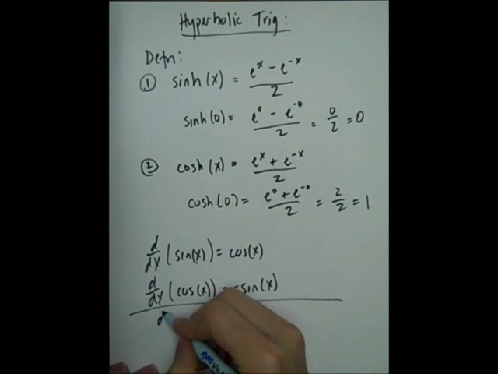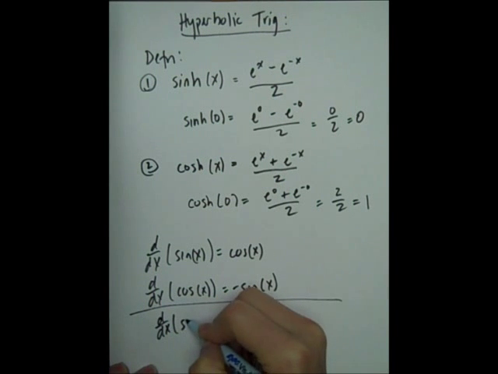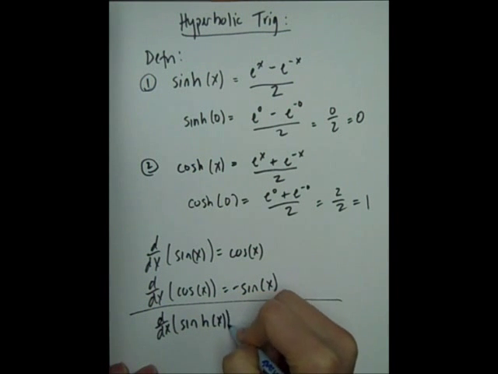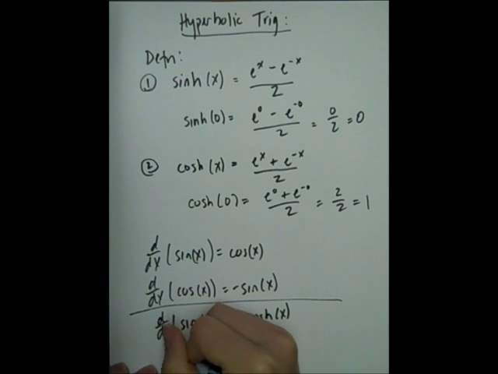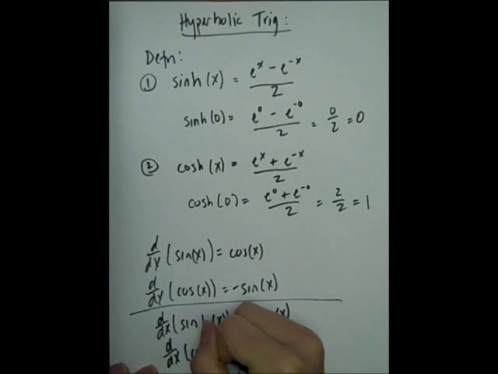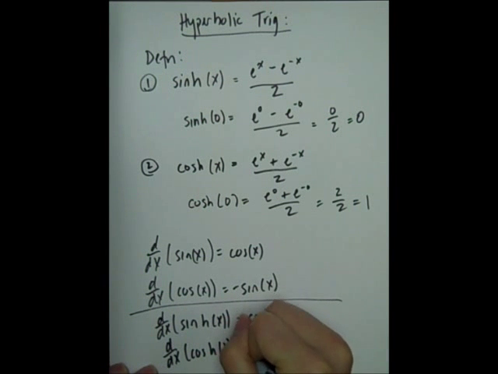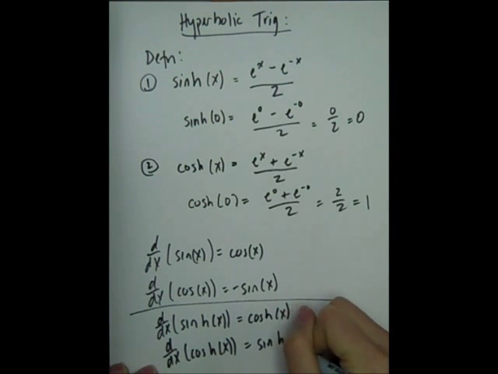These functions, though, behave way nicer. The derivative of hyperbolic sine is hyperbolic cosine, and the derivative of hyperbolic cosine is hyperbolic sine. There's no minus here. So that's kind of the nice part about these hyperbolic functions, is that remembering the derivatives is easier because there's no minus to worry about.